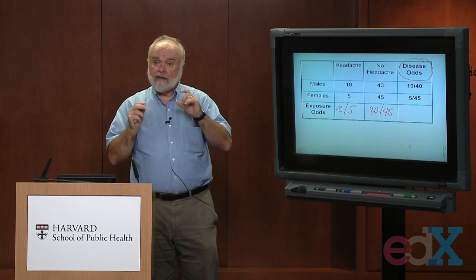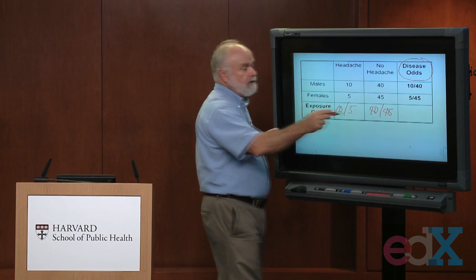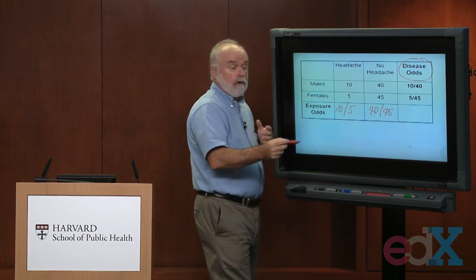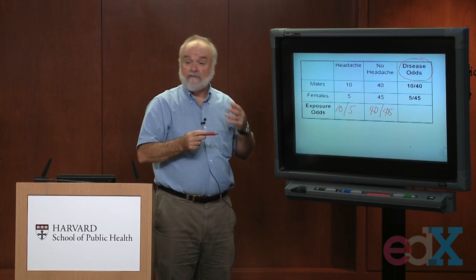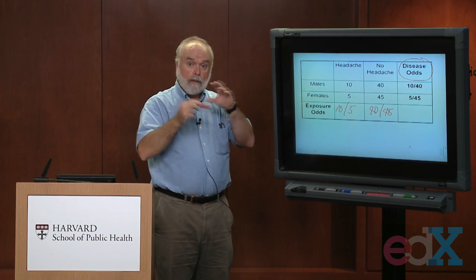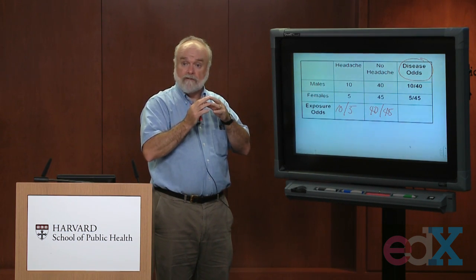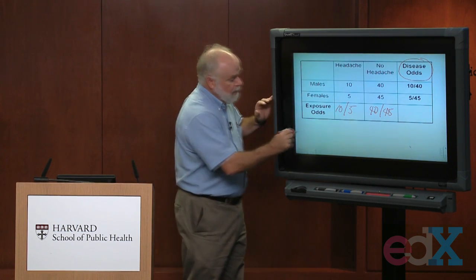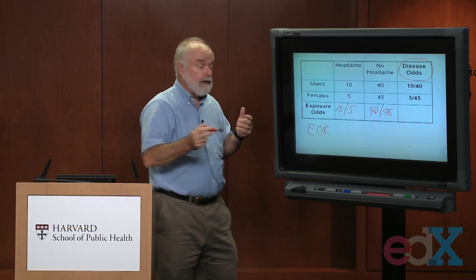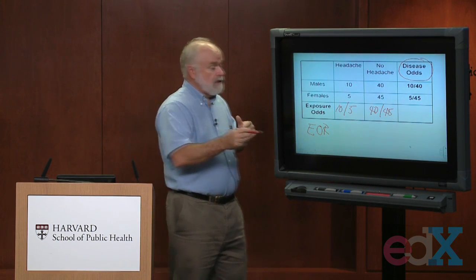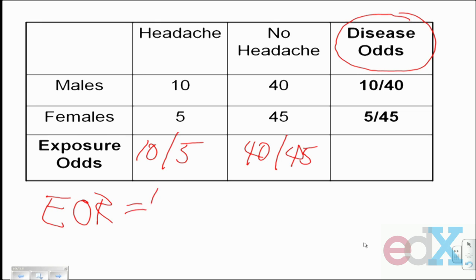But if one of you takes the ratio of the odds of having disease, what we did before, take the 10 out of 40 odds among men and divide it by the 5 out of 45 odds among women, remember we got an odds ratio of 2.25. Now if I calculate an exposure odds ratio, the odds of having the exposure, odds of being men, among the people who got disease, it would be 10 divided by 5.